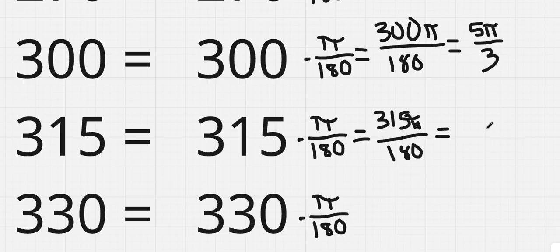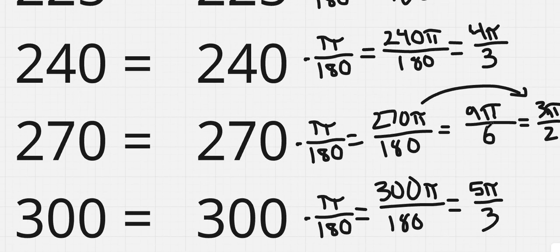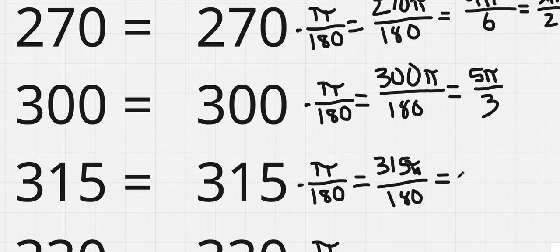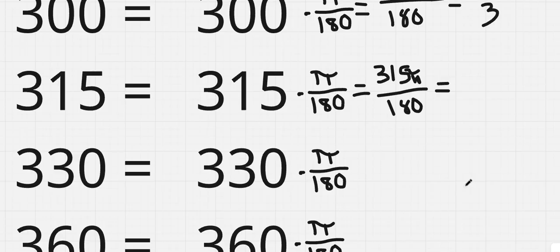So 45, 90, 135, 180, 225, 270, 315. So that was 7 times. Well, 45 goes into 180 4 times.